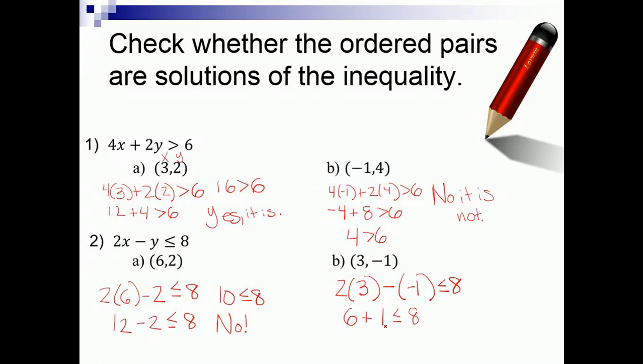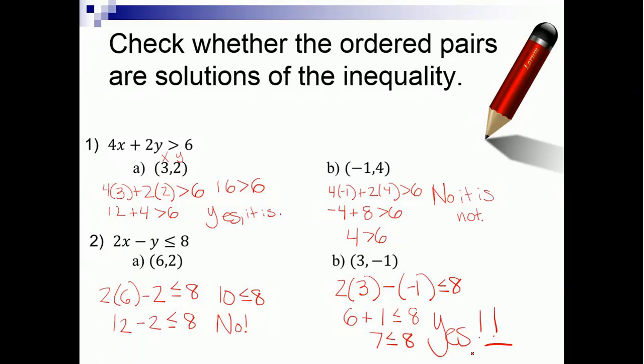So then 6 plus 1 is 7. So now 7 needs to be less than or equal to 8. Is 7 less than or equal to 8? Well, of course, right? So yes, that is a solution.